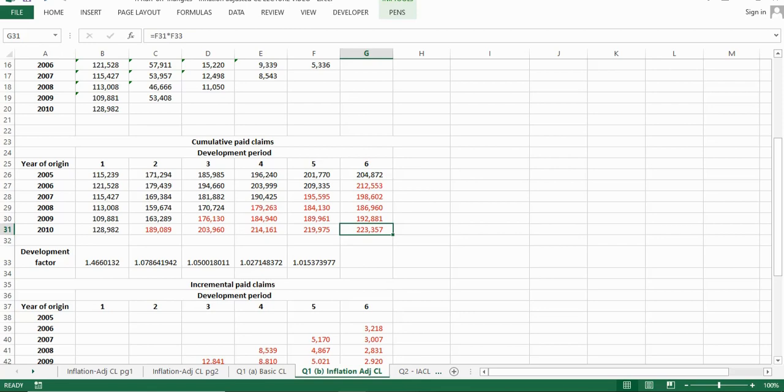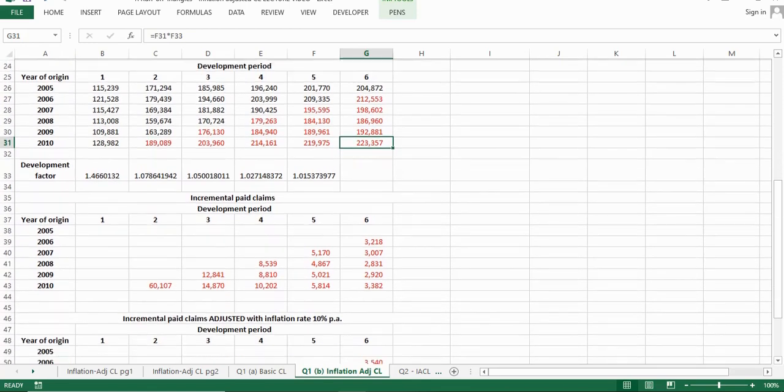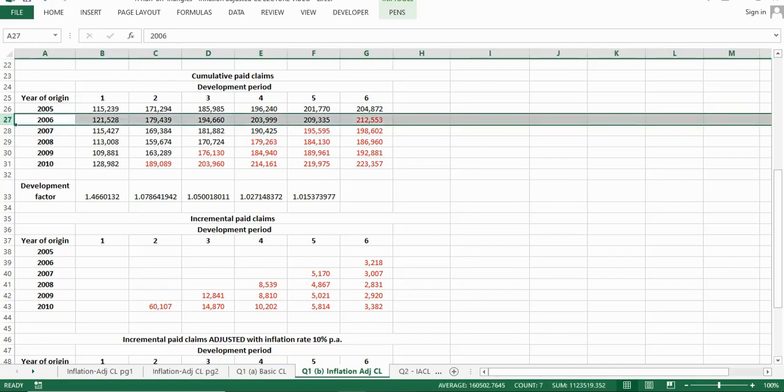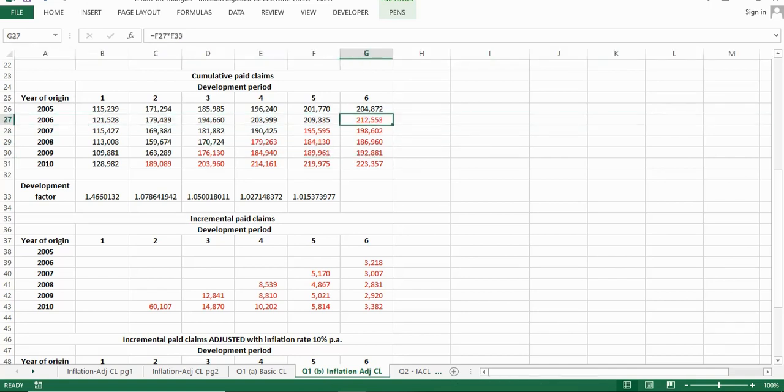So what we need to do is revert back to the incremental paid claims. So for example, this is the total claim amount to be paid with regard to this accident year 2006. But what is the amount which hasn't been paid? It will be this value minus the diagonal here. Okay, for example, in the sixth development year, which corresponds to 2010, 2015, okay, 11, 12, 13, 14, 15.